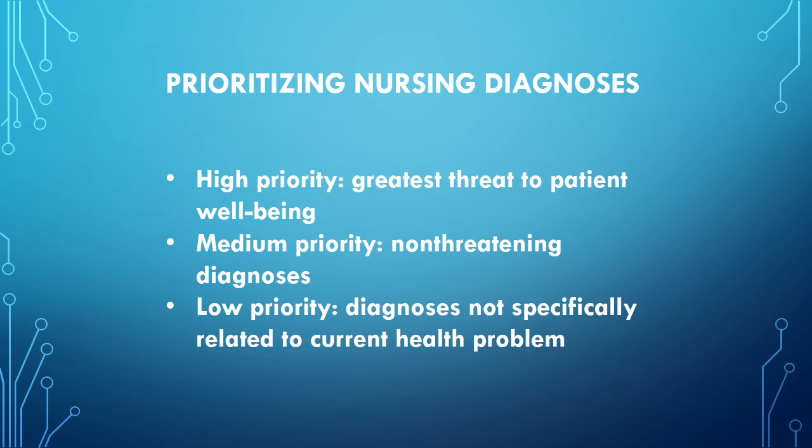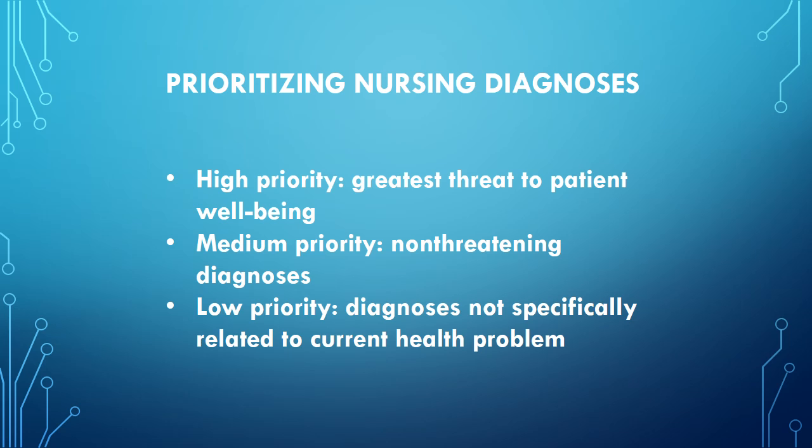So a high priority problem is one that is the greatest threat to the patient's well-being. For example, something like fluid volume excess, which can be a grave problem for some patients, or decreased cardiac output. I think you can, even with a limited background in nursing, figure out that decreased cardiac output is not a good thing. Great threat to our patient.